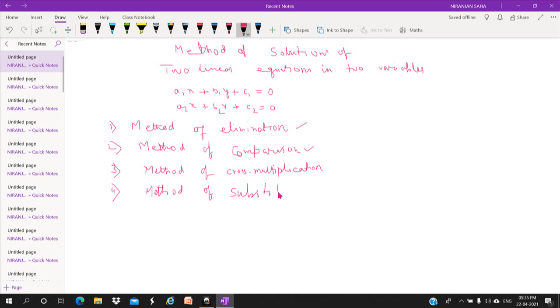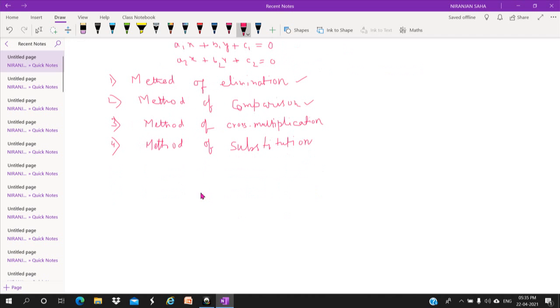These are the four types of methods used to solve two linear equations in two variables.